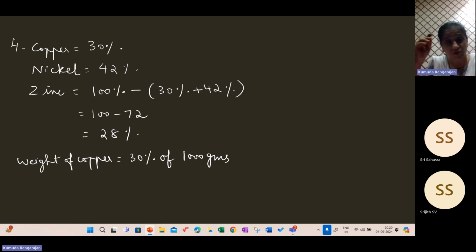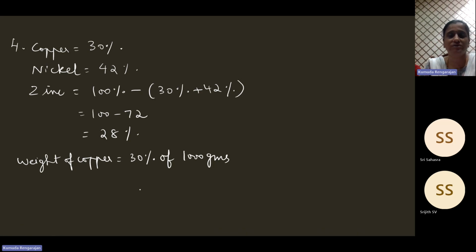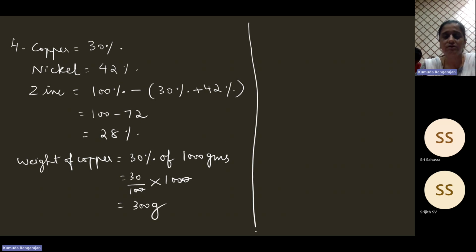Because 1000 grams is the total weight of the alloy. So 30% means 30 by 100 into 1000. So 2 zeros, 2 zeros, 300 grams.